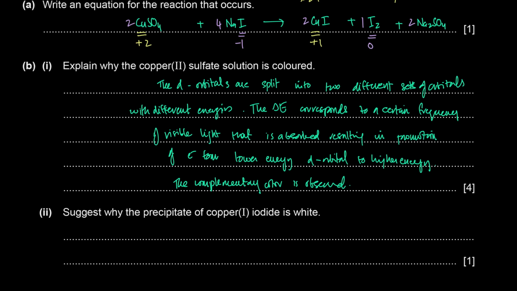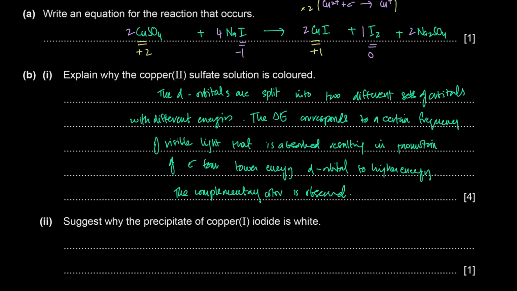Suggest why the precipitate of copper 1 iodide is white. In other words, why is the copper 1 iodide not colored? Now, if you know, the electronic configuration of copper is argon 3d10 4s1. So then copper 1 plus has the configuration argon 3d10. Are there any partially filled d subshells for excitation to occur?